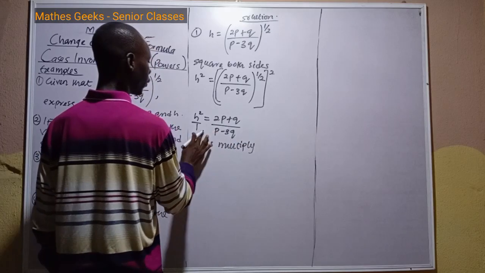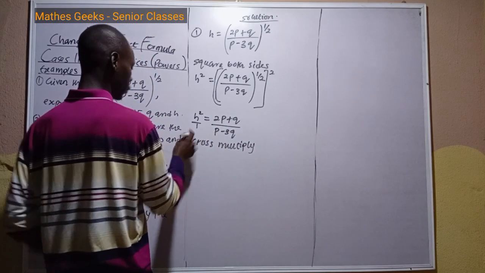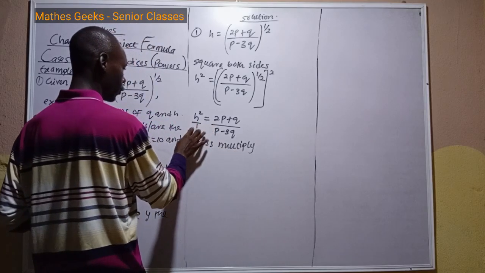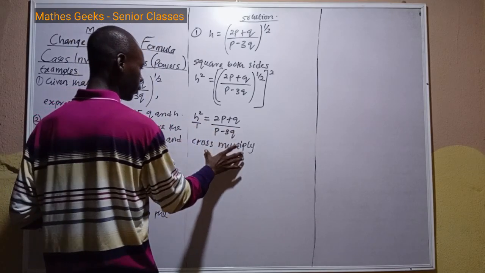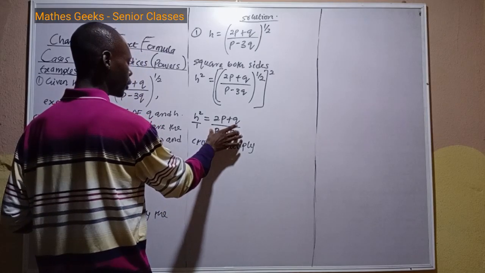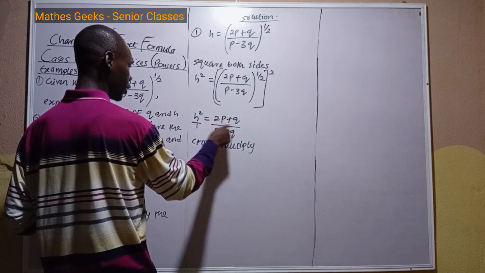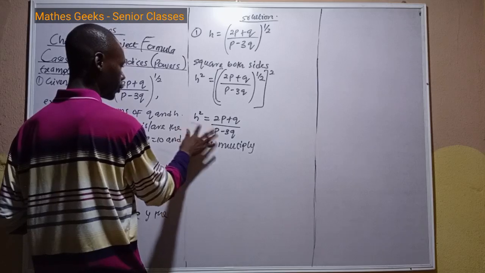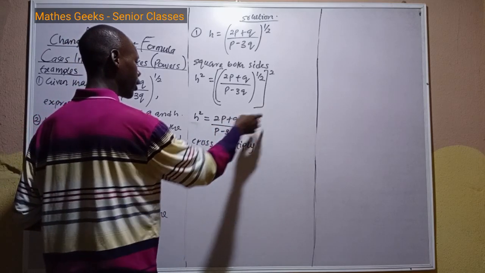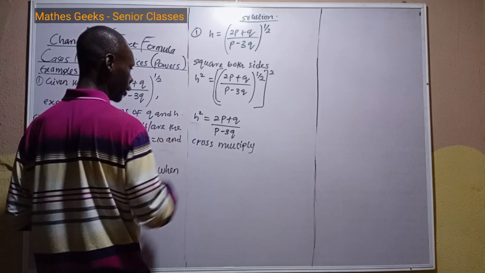Either you cross multiply or you multiply both sides. If I'm going to cross multiply, I'll make it over 1, so that it will be a fraction. But if I don't want to use cross multiplication, I will multiply both sides by the denominator, and in that case I will not make it over 1. So multiply both sides by p minus 2q. So p minus 2q here will cancel this part and then we'll multiply through.